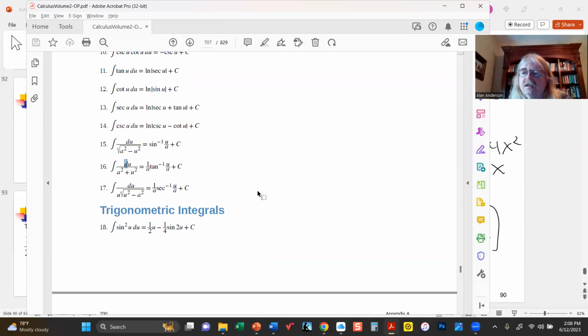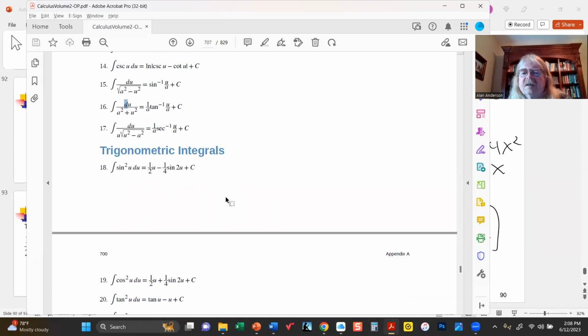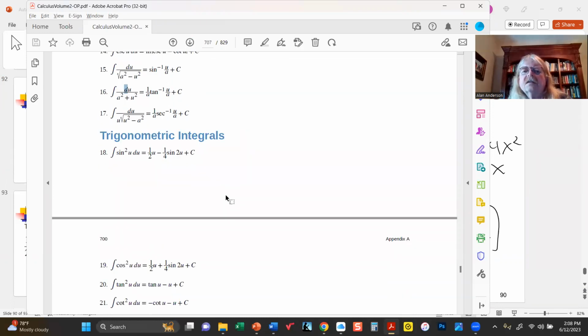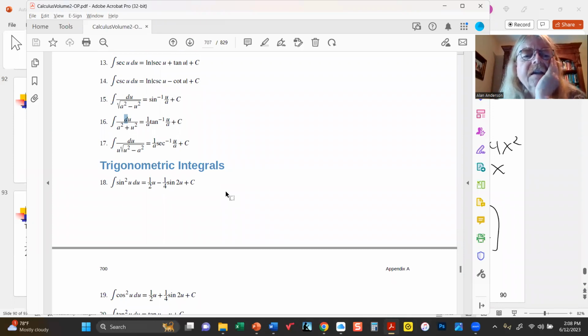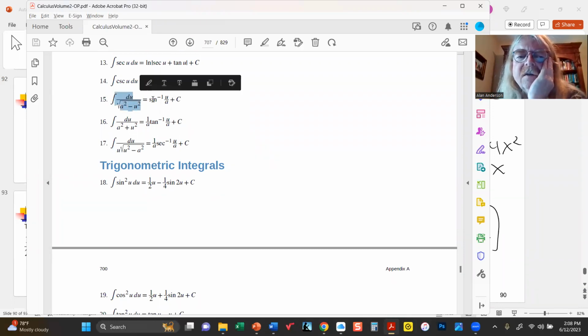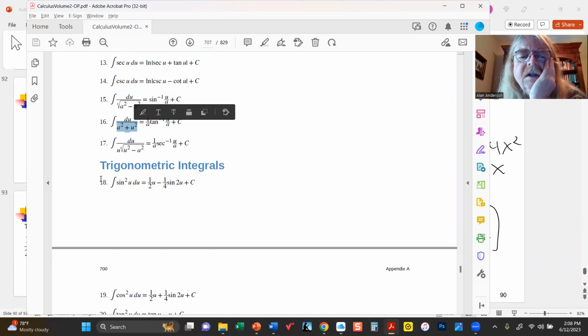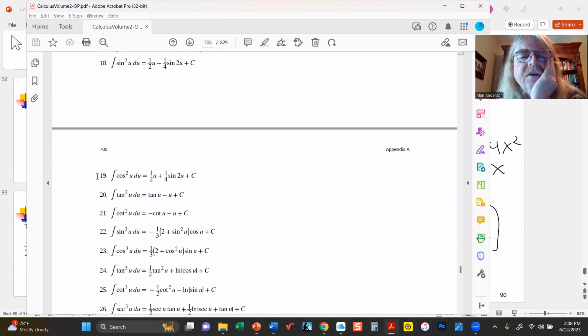Now, later on in chapter 2, I think, you see how here's a separate list of trig integrals. This is a little different because you're integrating the actual trig functions directly. You see over here, you're not. The result is an arcsine or an arctan or an arcsecant, but you're not actually integrating the trig functions. Here you are. And so you can see there's a huge list of them.